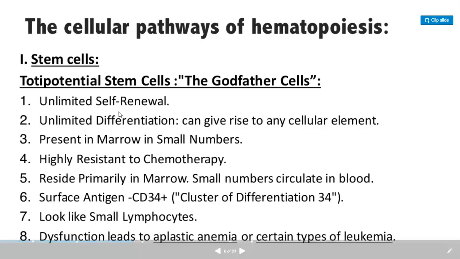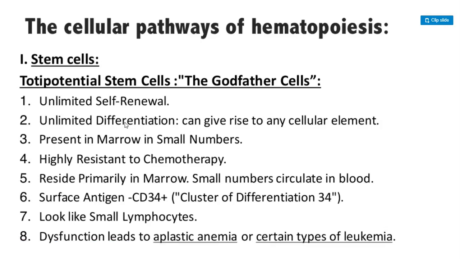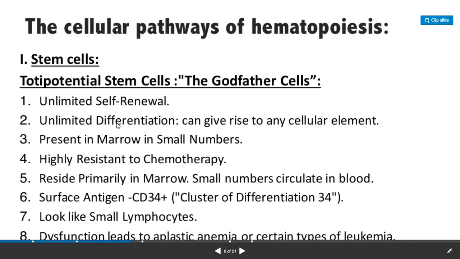So a totipotent stem cell can decide to give rise to an erythrocyte, or it can decide to give rise to a leukocyte, or it can decide to differentiate into a thrombocyte. So totipotent stem cells have unlimited differentiation. They can differentiate into any kind of cell that they want. They can either give rise to erythrocytes, or leukocytes, or thrombocytes. So that is differentiation, and they have unlimited abilities to do that.